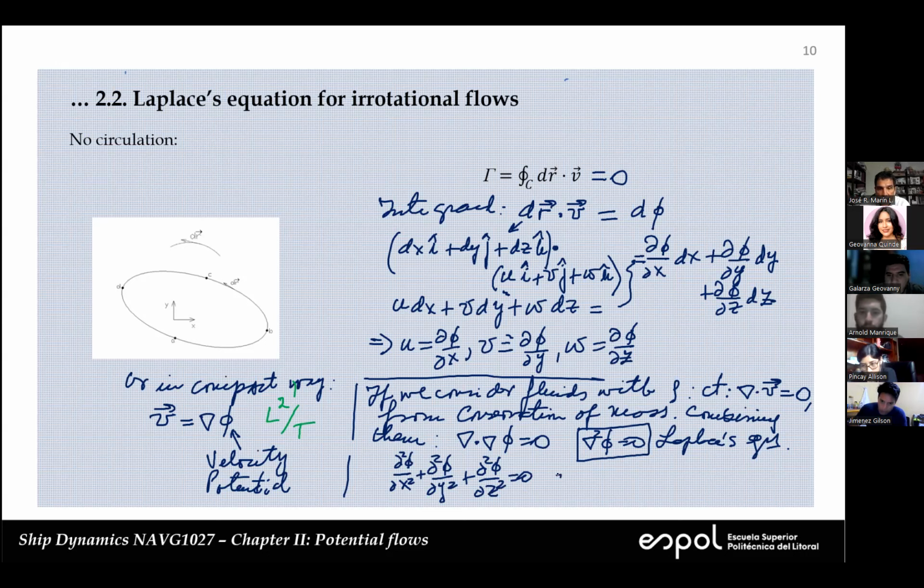So this is a second order linear constant coefficient partial differential equation. As I said before, you need one boundary condition in every point of the boundary. Now, you immediately think, oh man, that's going to be difficult.